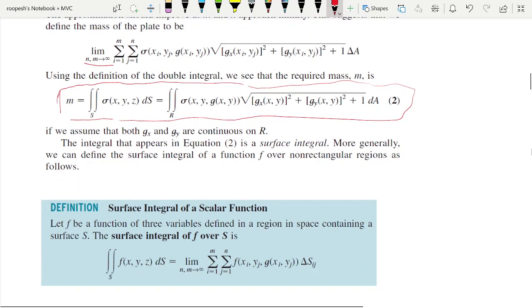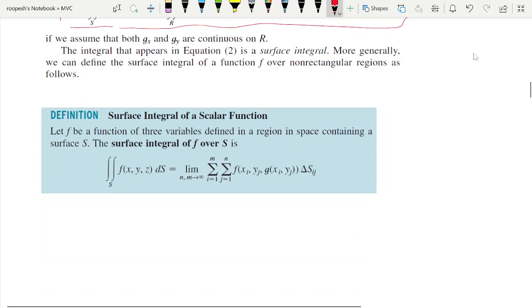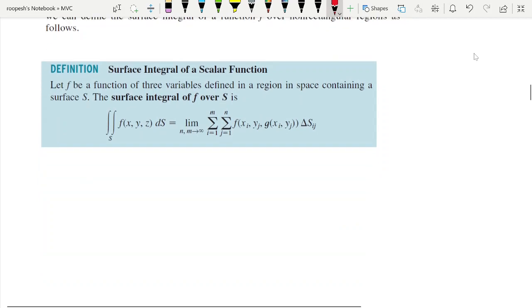Now, the derivation is not in your syllabus, so let us go directly to the definition and problems. Surface integral of a scalar function.